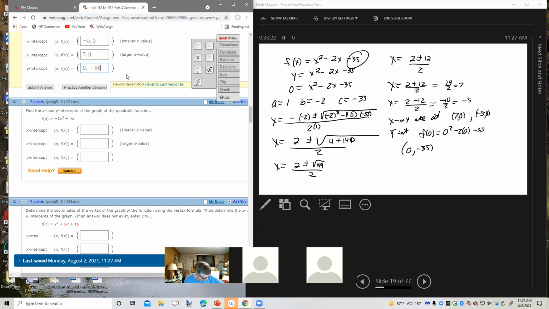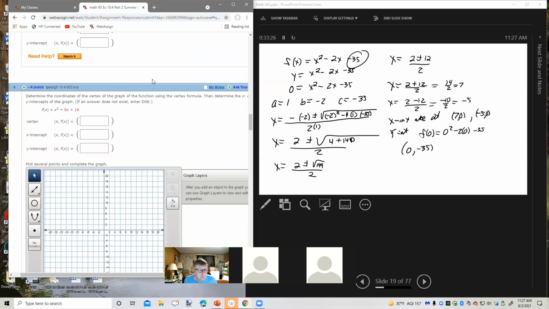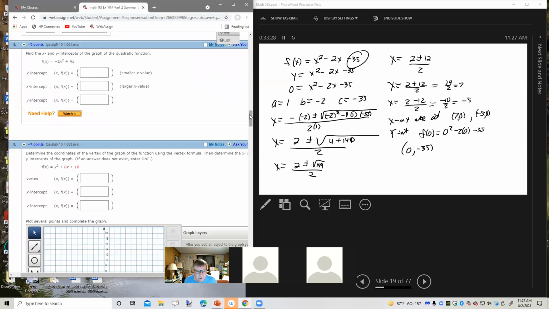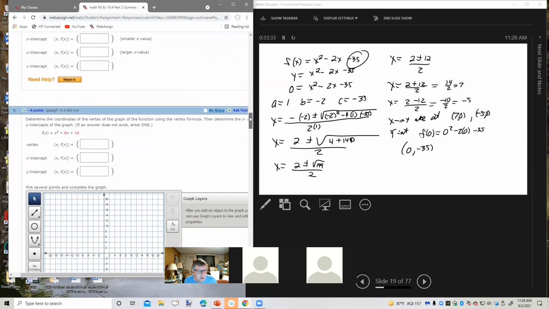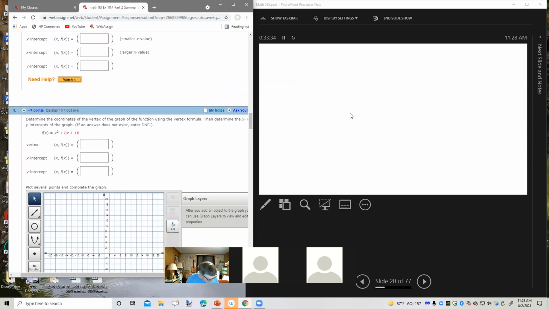All right. Let's give you another example. And again, I'm not going to do the actual one that's on the page necessarily. Let's see, x-intercepts. Let's do this one.